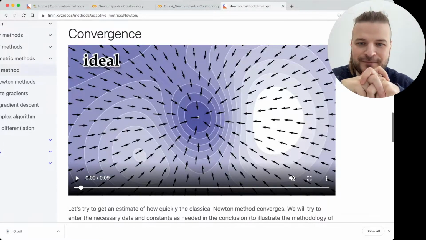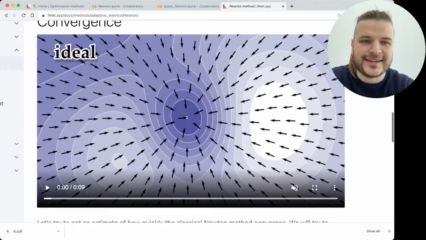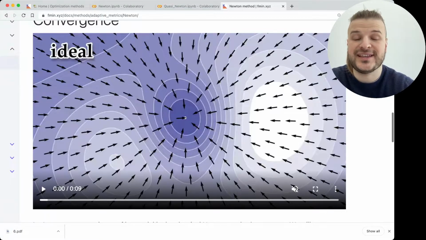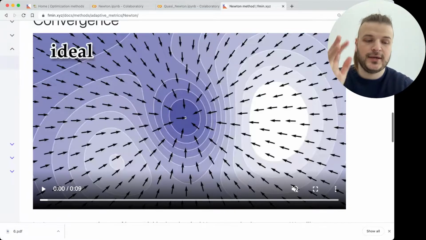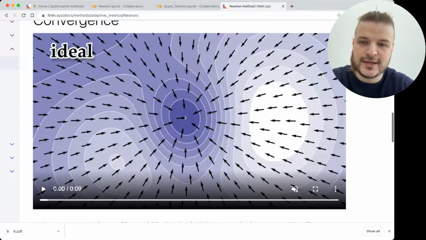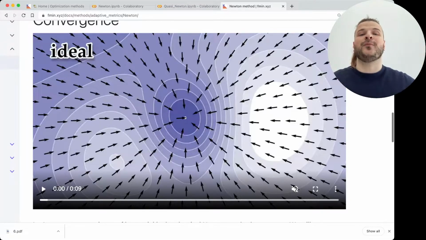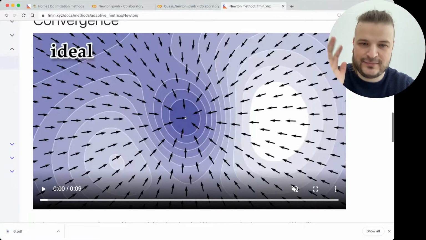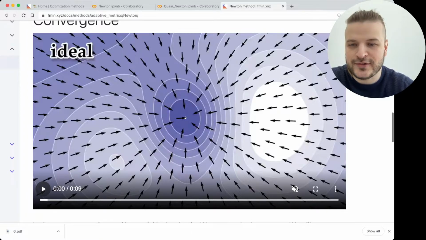Here are two local minima, which are white, and that's the global minimum here, right? This function is not convex, but that's the case for most real-world problems. Ideally, from any point, we should go directly to the global minimum, right? But that's not always possible.